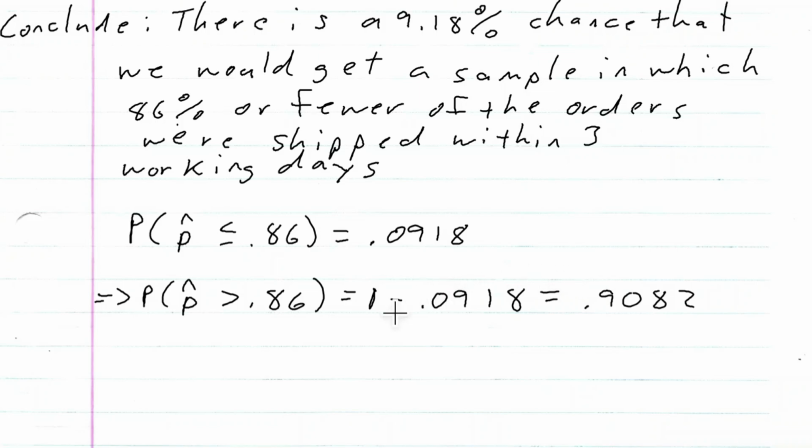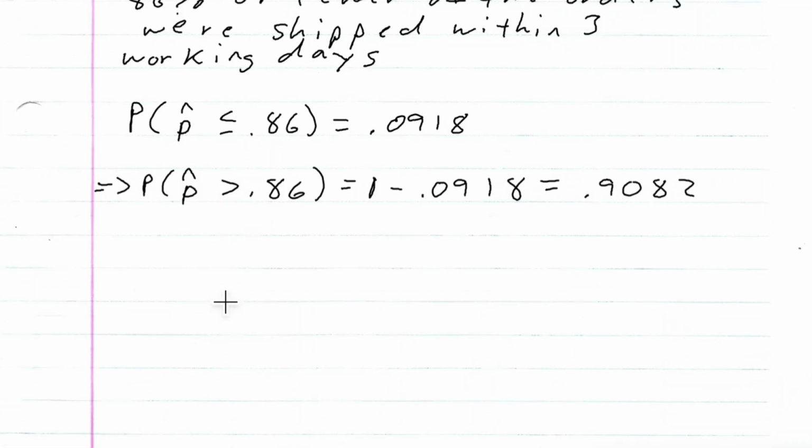The probability that the proportion is bigger than 0.86 is actually about 90%, so it doesn't seem like it refutes the claim at all.